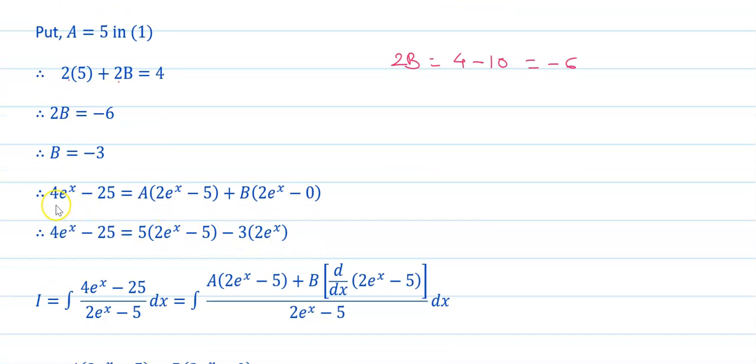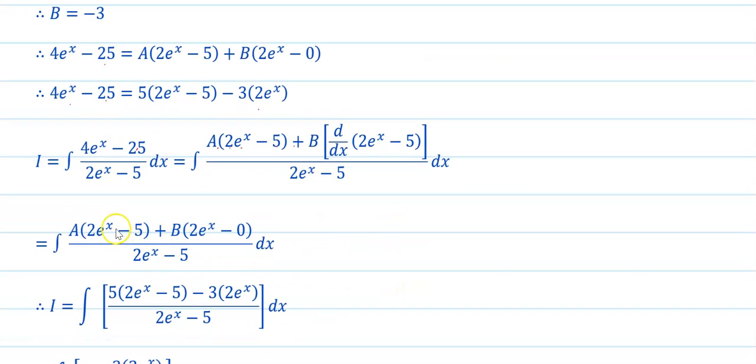That is, the numerator 4e^x − 25 equals a into in bracket 2e^x − 5 plus b d/dx of this denominator, where the value of a is 5 and the value of b is −2. Now see this here, we will separate the integral.